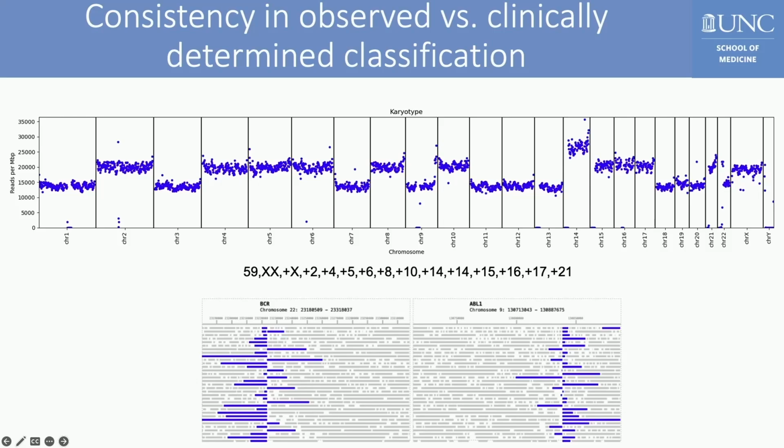I'm showing you just about the first 30 reads that map to both genes. But for this particular sample, we saw about 100 reads that align to both of these genes, which tell us that there's probably a fusion. BCR-ABL1 is a really common fusion with B-cell acute lymphoblastic leukemia. And so this sort of confirmed that this is probably what's going on with the sample.